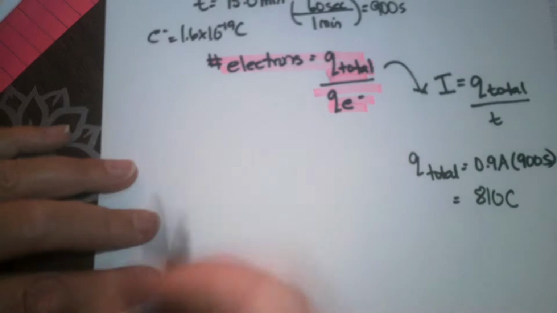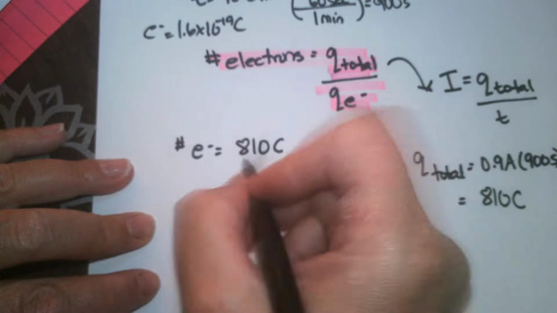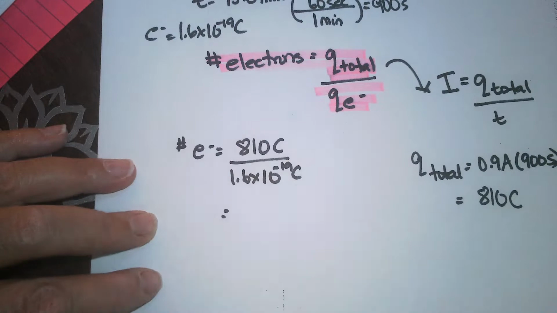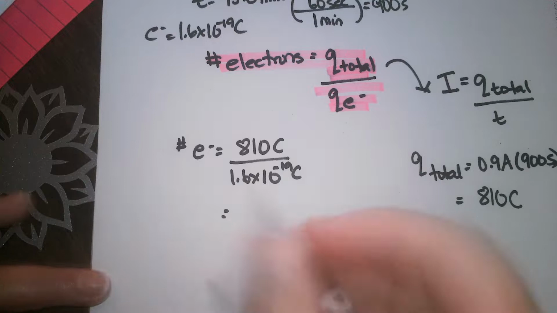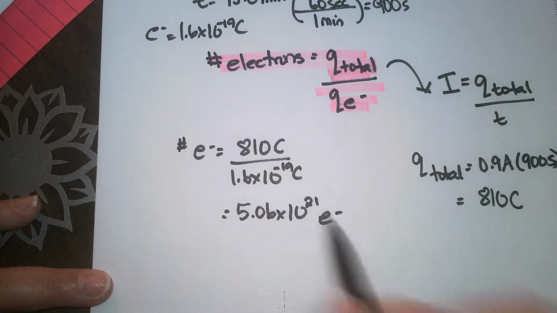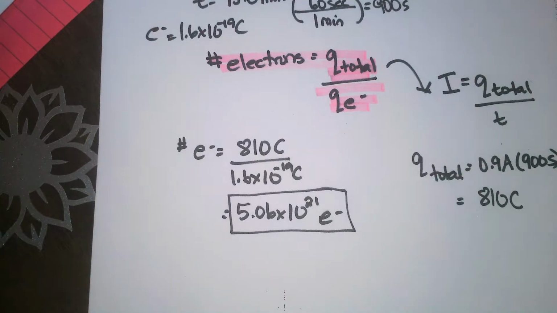Now I can figure out how many electrons. I'm going to get what for a value? 5.06 times 10 to the 21 electrons.